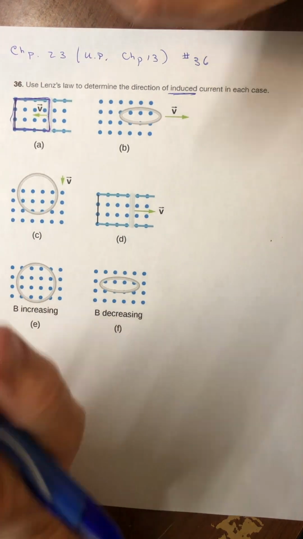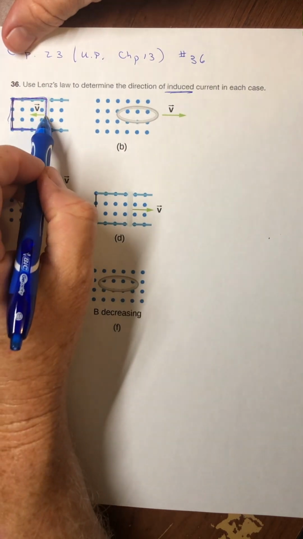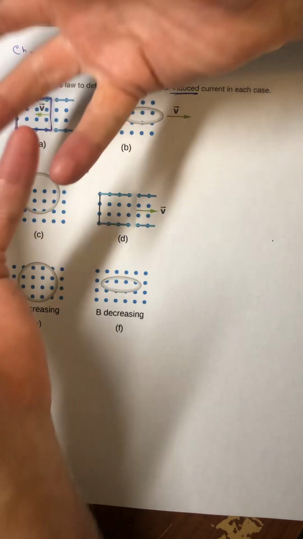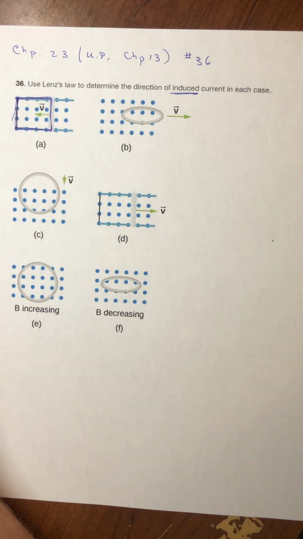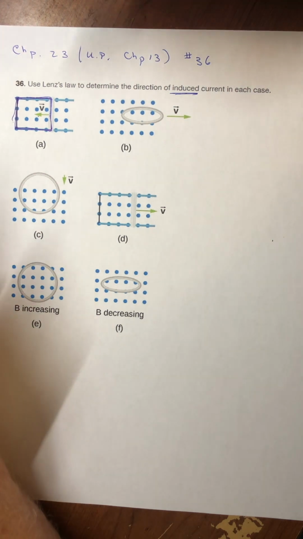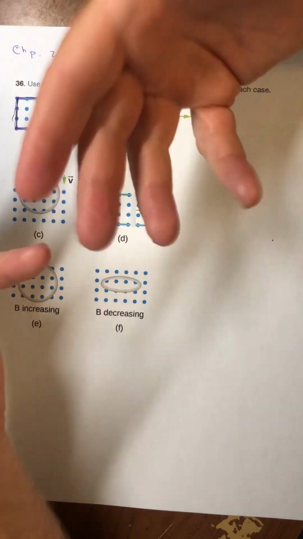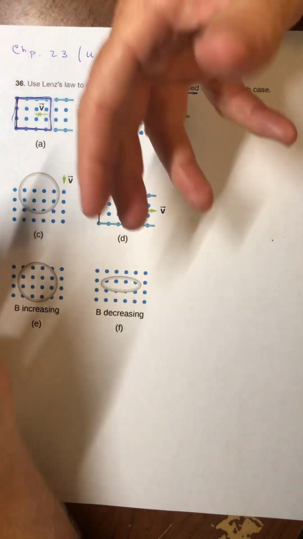All right. So watch what happens here. As this bar is moving inward, there is less and less flux coming out. That means that the current in here, in the secondary, wants to be set up to make up for that deficit. It wants to leave it unchanged.